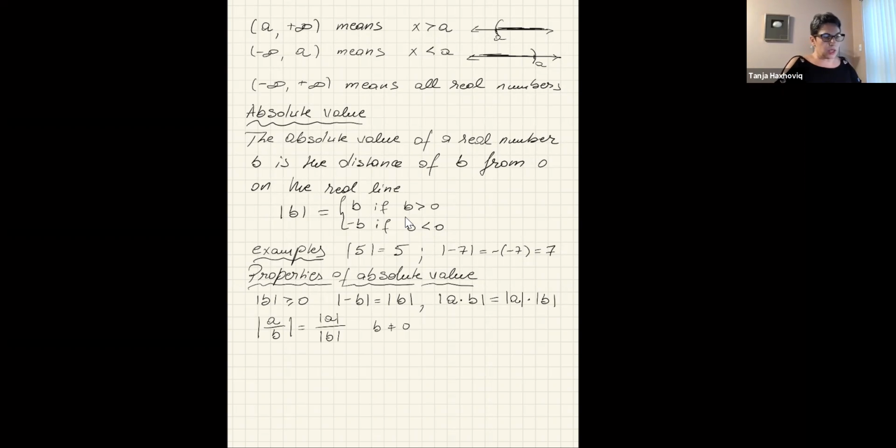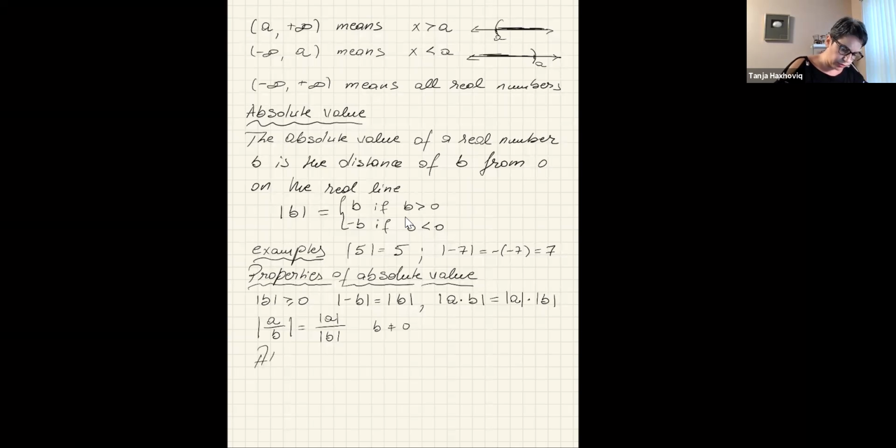Okay, so we use the absolute value, since by definition it is the distance of a number from 0 on the real line. We use the absolute value oftentimes to define the distance between any 2 points on the real line. How? Let me just give the definition first.